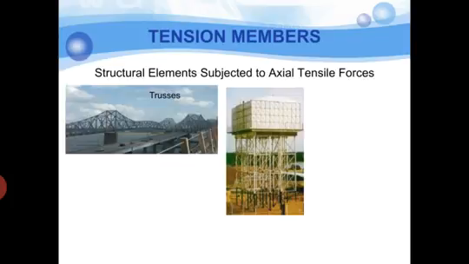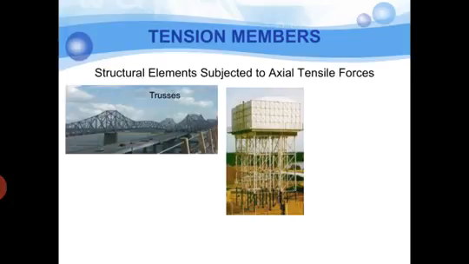So where do we generally come across tension members, structural elements subjected to axial tensile forces? We generally come across them in trusses. The trusses may be provided in buildings, in industrial buildings or in bridges. Some of the members are subjected to tensile force, and those members are to be designed as tension members.